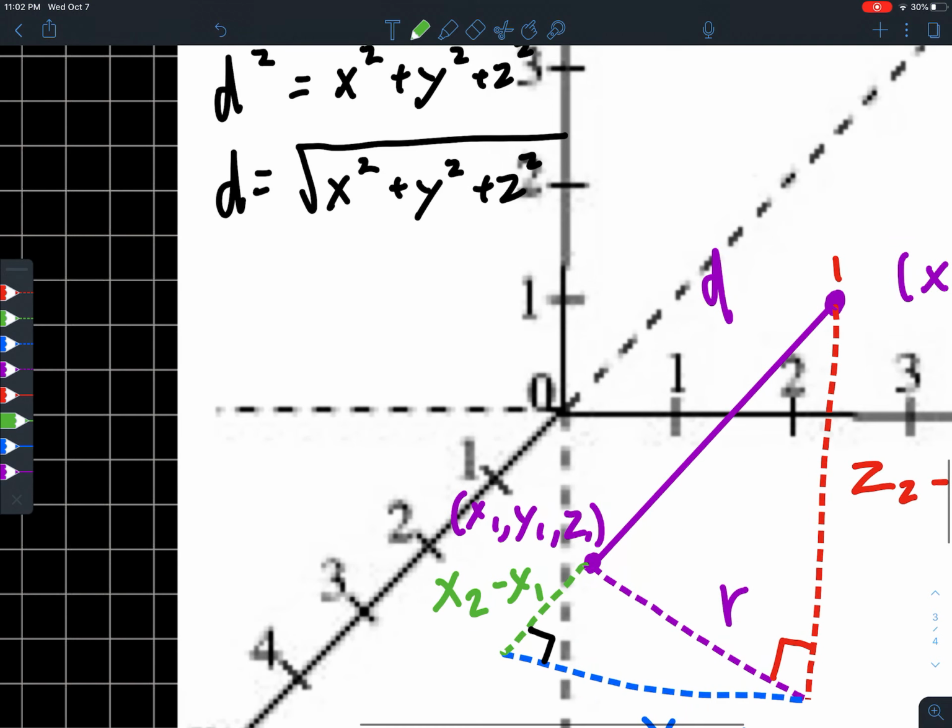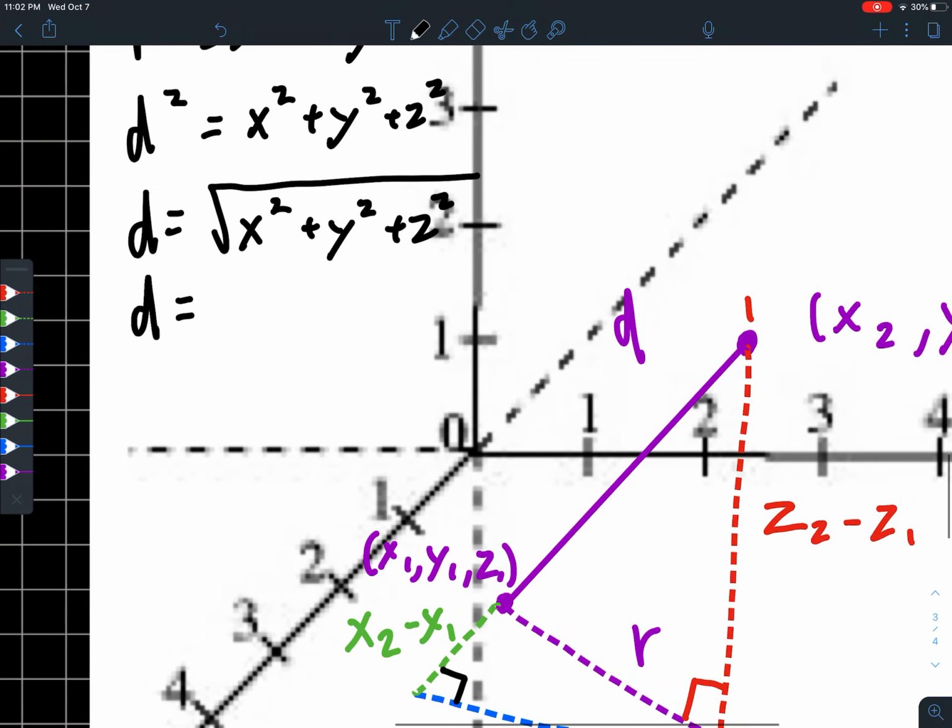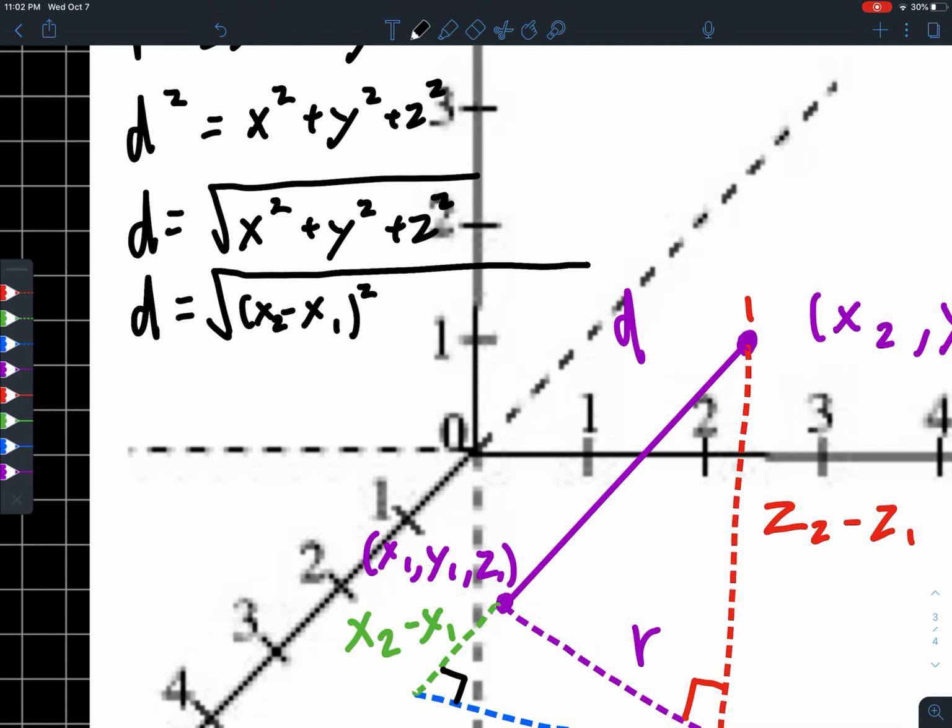No big deal. So we get that our distance formula for any 2 points in 3 space is d equals the square root of x2 minus x1 squared plus y2 minus y1 squared plus z2 minus z1 squared.